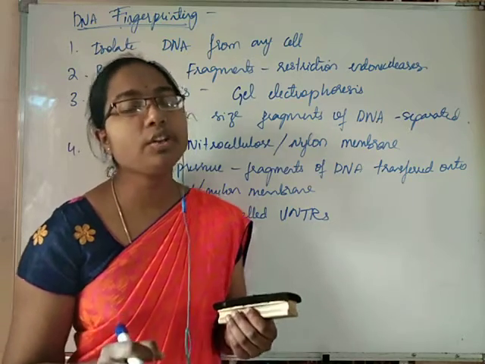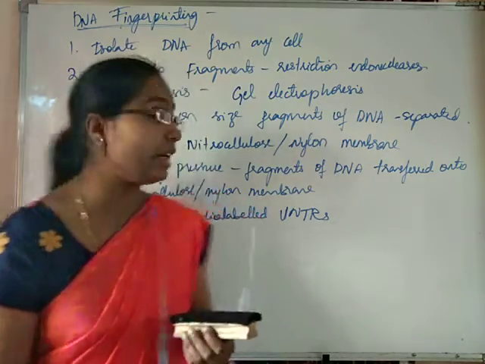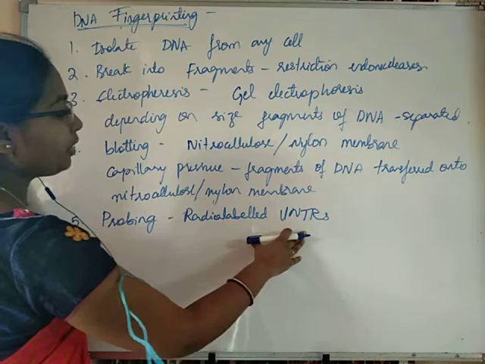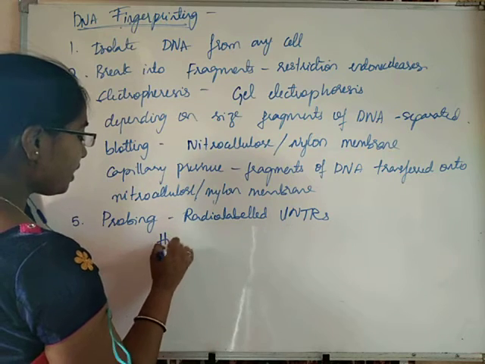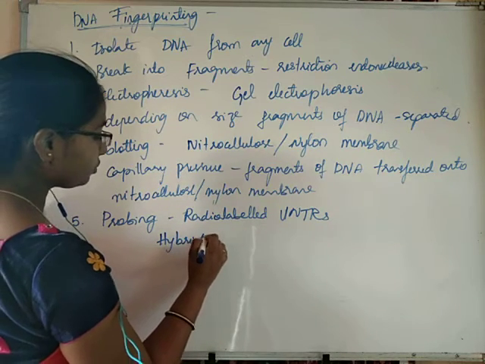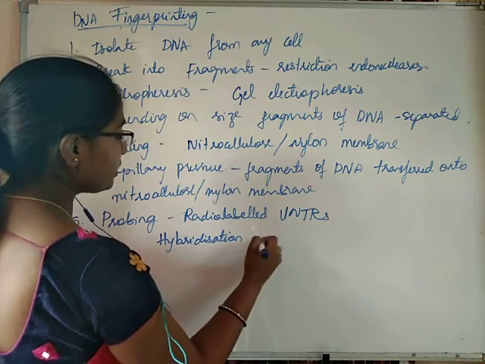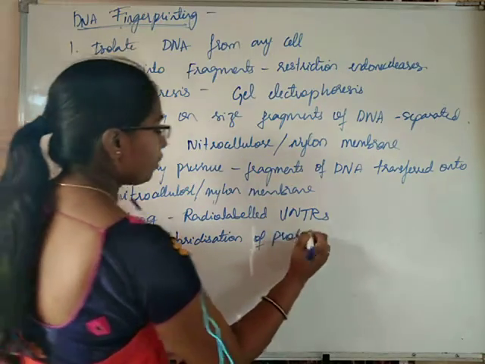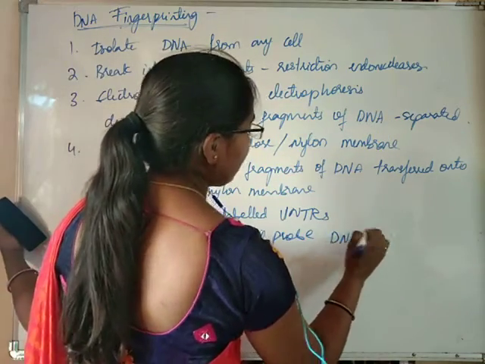According to that pairing between nucleotides, when we send the radio labeled variable number tandem repeats, hybridization of this probe DNA will occur.